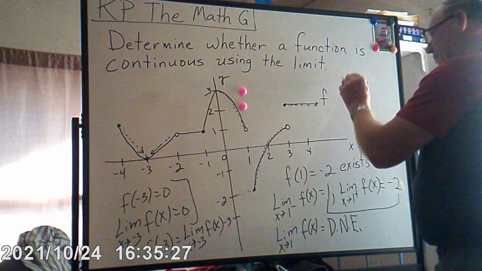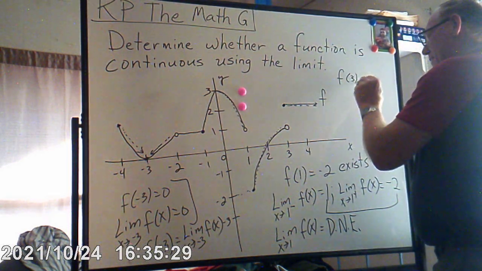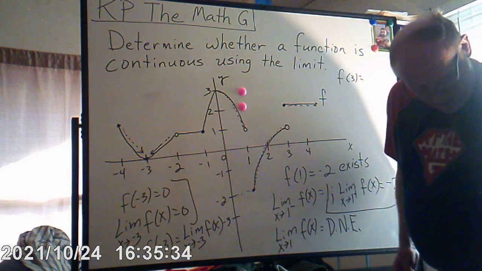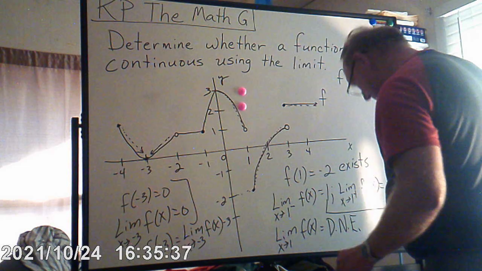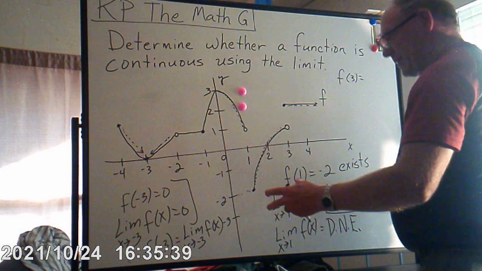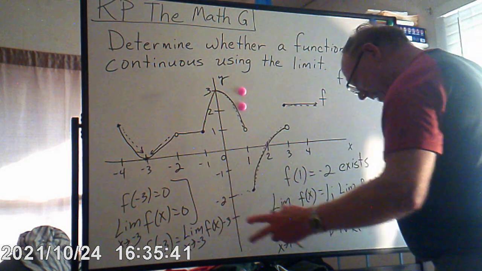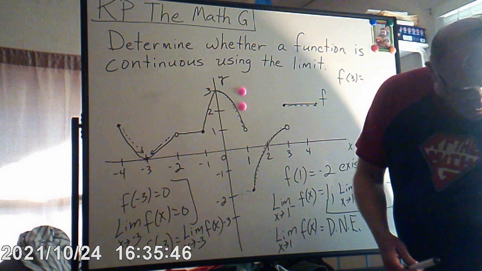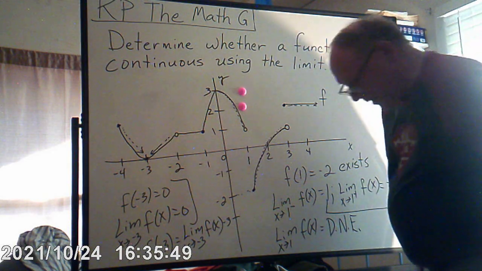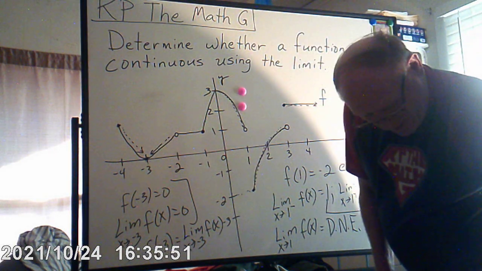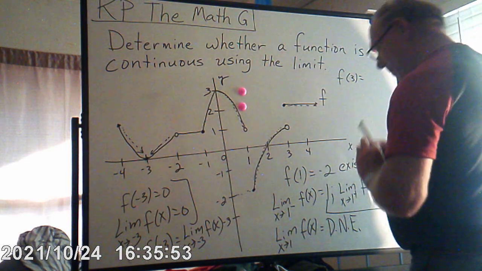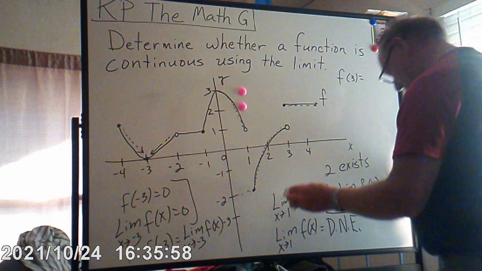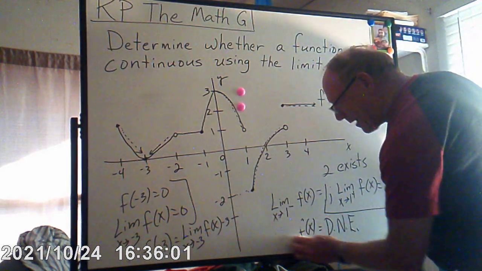Okay, so f at 3. Let's look at that. I don't mean to jump too fast at this. Oh boy, my eraser is hiding again. And notice this time I don't have any students to hide my stuff from me. It's just me. So I've got a way to erase all this. And I bet it's just right there in plain view, and somebody could probably just point it out to me.